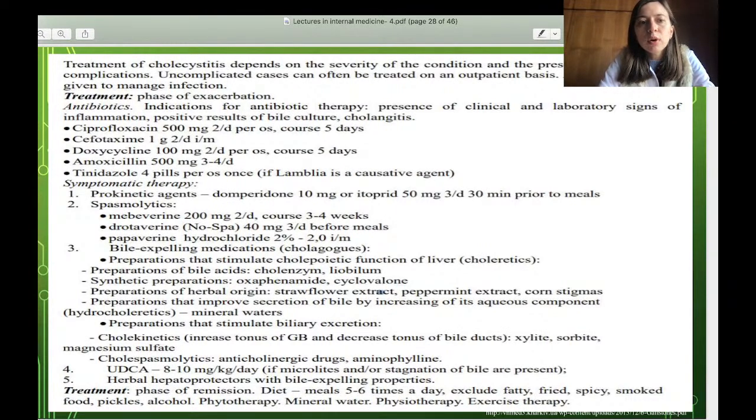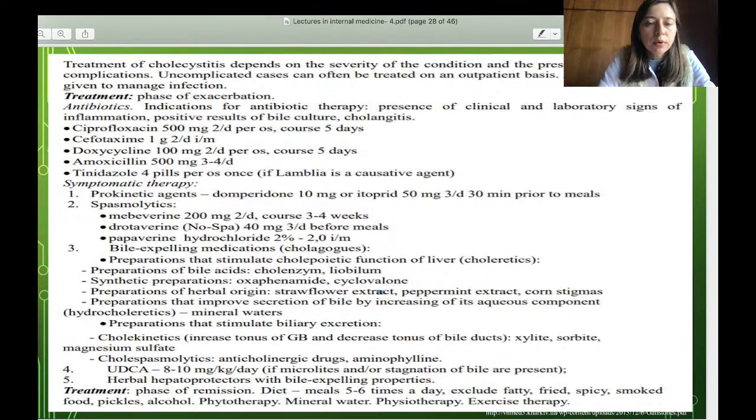Cefotaxime 1 gram twice a day intramuscular. Doxycycline 100 mg twice a day per dose, course 5 days. Amoxicillin 500 mg 3-4 times a day. Tinidazole 4 pills per dose once.